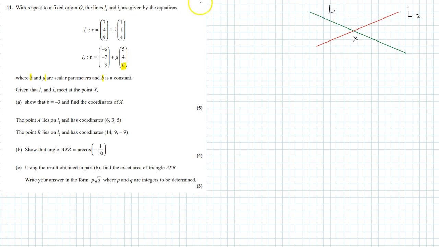So L1 will be, they are intersecting, so 7 plus lambda, 4 plus lambda, and 9 plus 4 lambda.